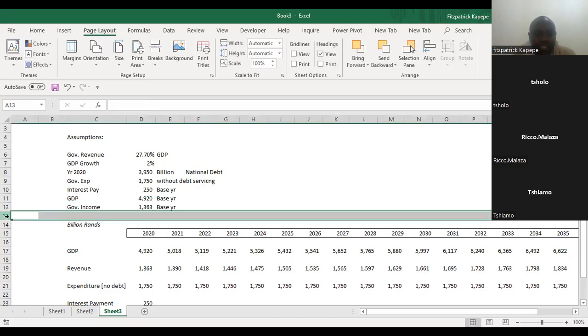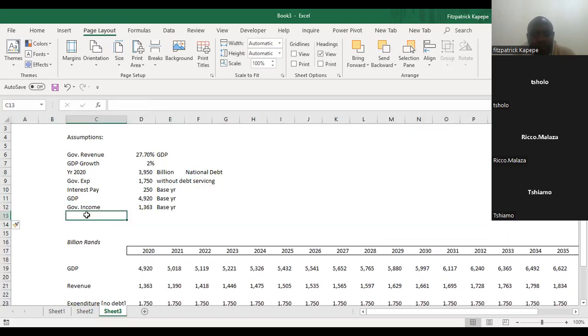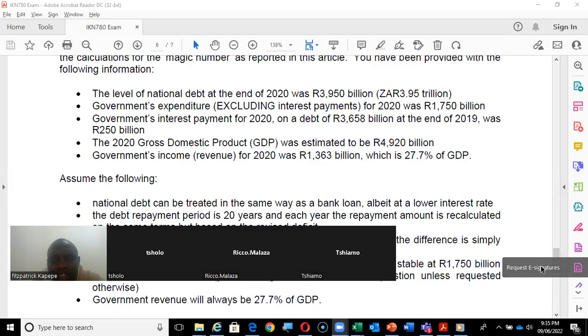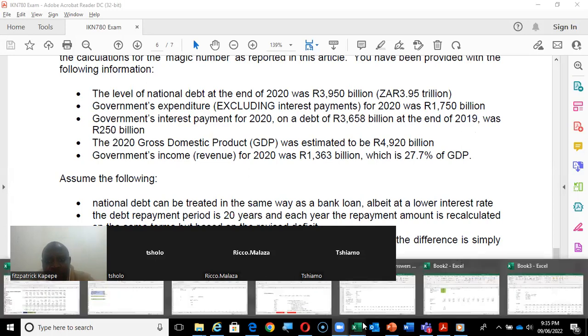There's some number that we've been given. It says government's interest payment for 2020 on a debt of 3658 billion at the end of 2019 was 250. So this is what I want, the 3658 billion.